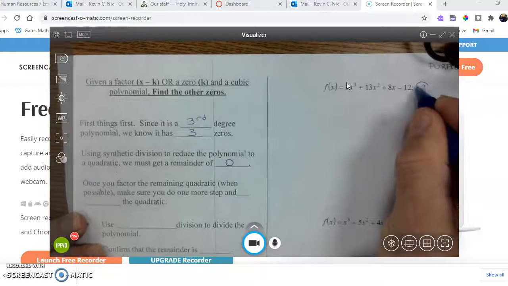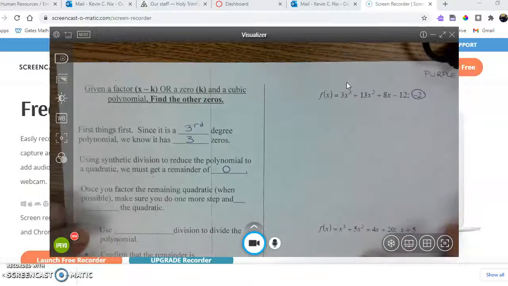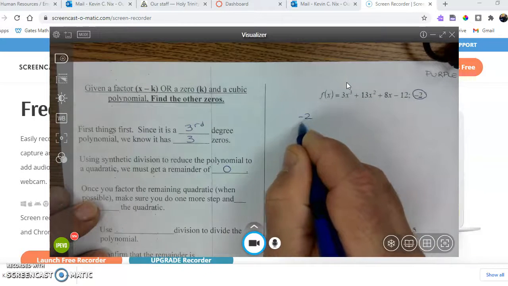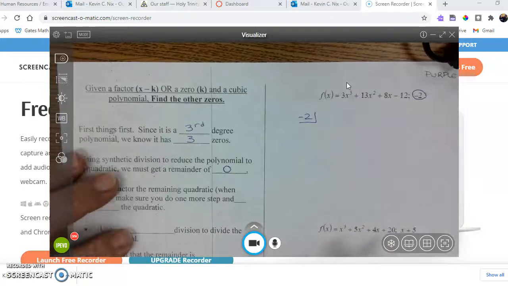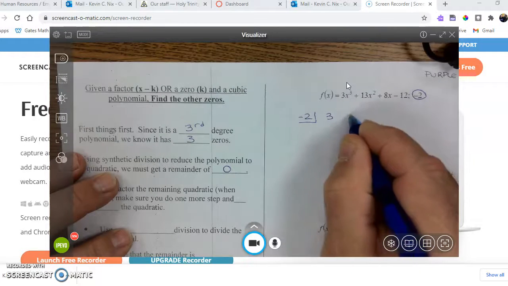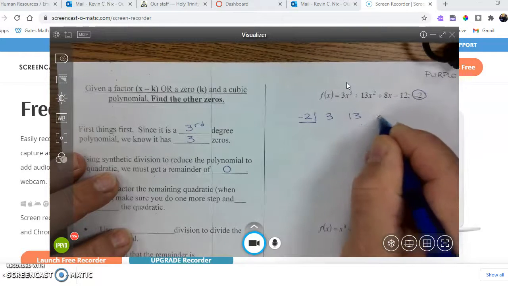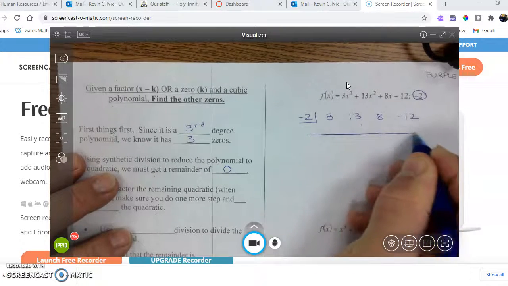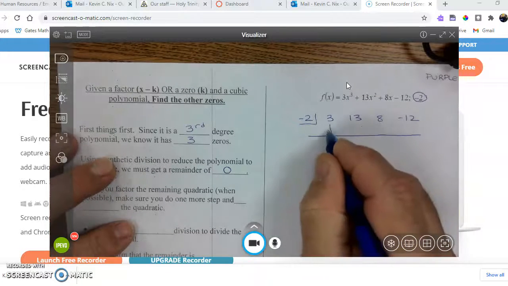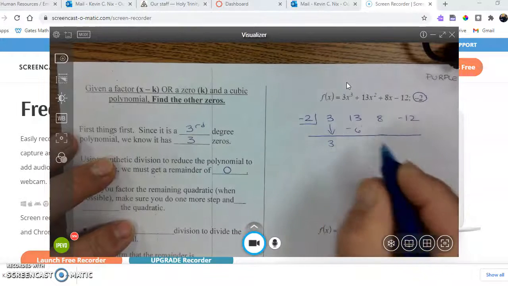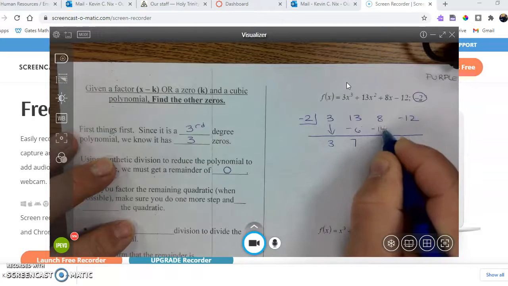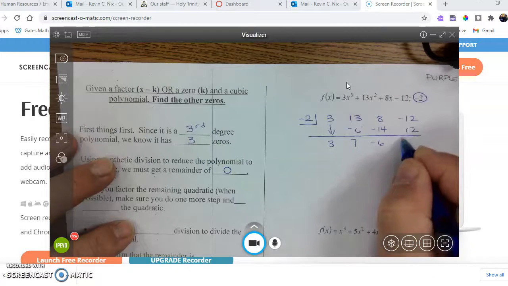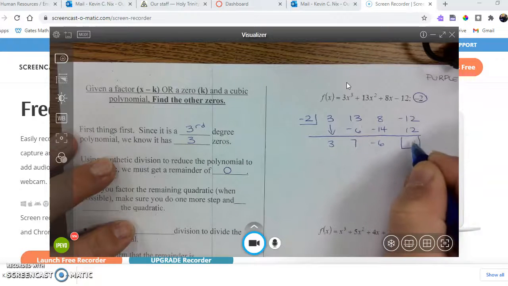They have given us one of the solutions right here, -2. Okay? So here's what we do. We take synthetic division and we reduce this third degree polynomial down to a new polynomial that we can factor, hopefully.